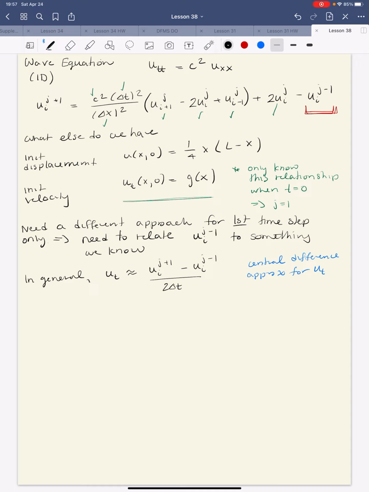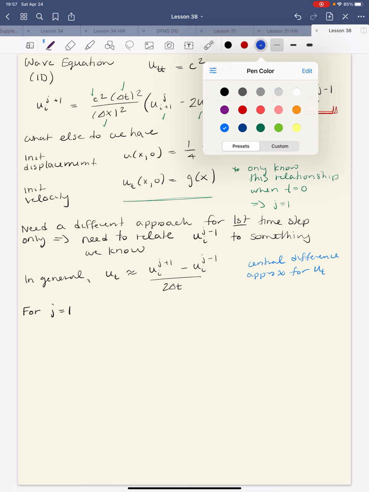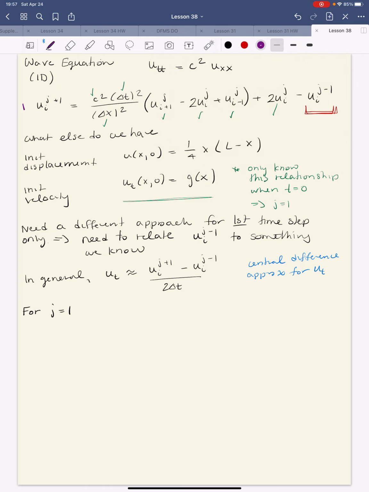But remember that we only have data. We only know something about the initial velocity at t equals 0, or this corresponds in MATLAB world to j equals 1. So what we're going to do is just pretend for one moment that j is equal to 1, and use the governing PDE, the discretized equation, and let's call this equation 1.